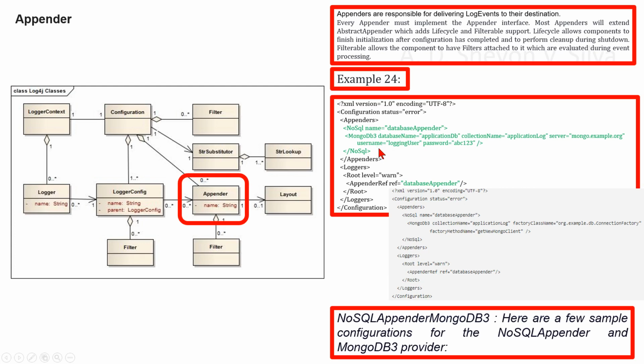Username, string: see the documentation for attribute database name and factory class name. Password, string: see the documentation for attribute database name and factory class name. This appender is map message aware. Here are some sample configurations for the NoSQL Appender and MongoDB provider.